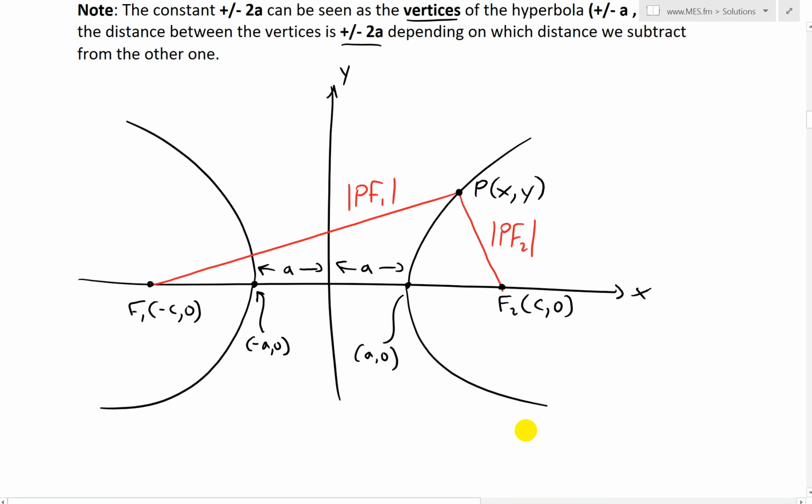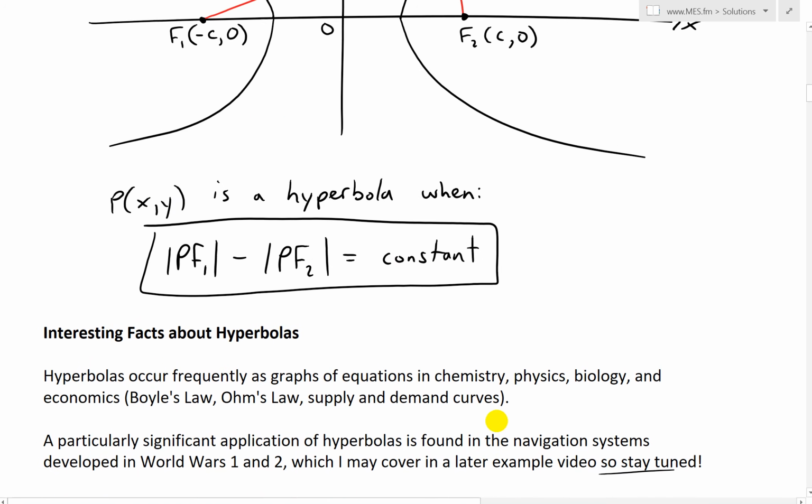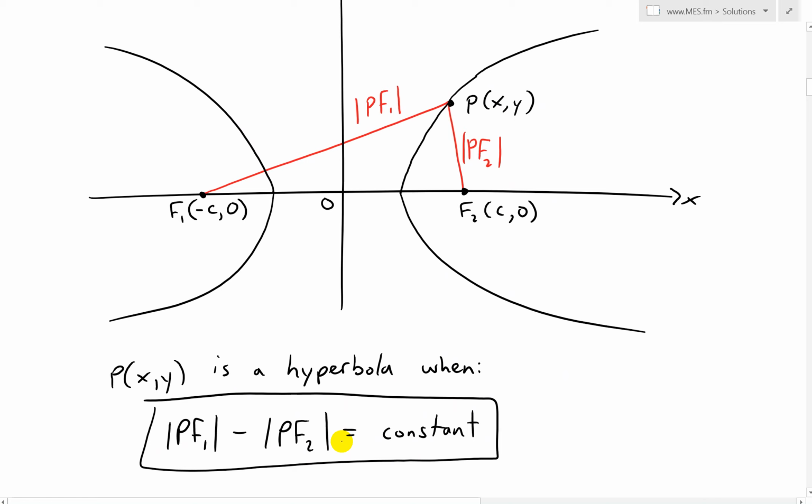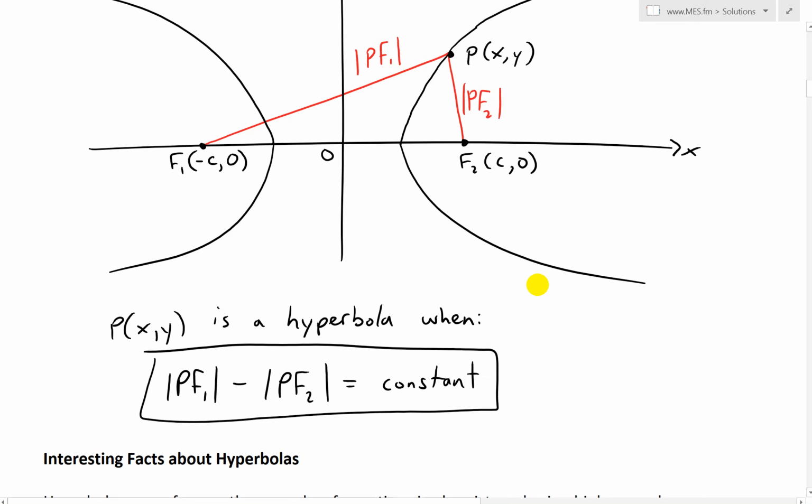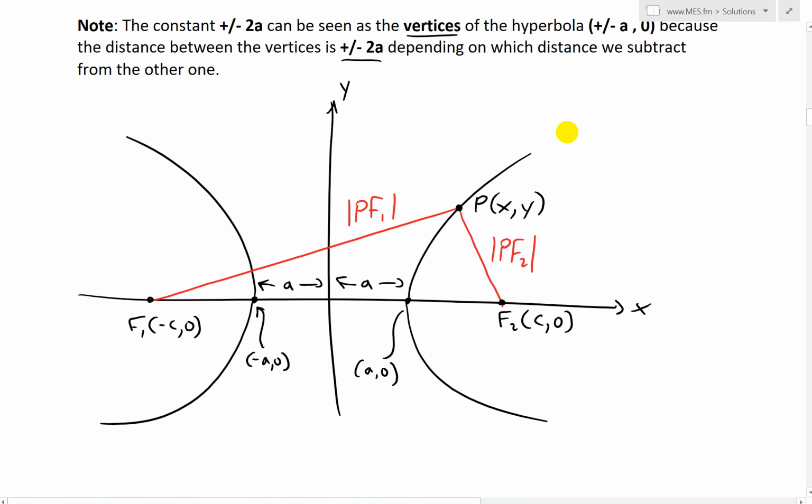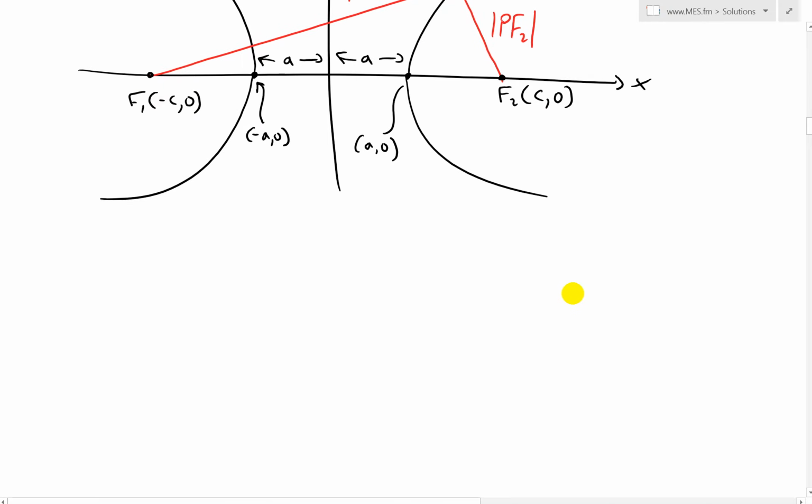Now, as shown above, if the definition is that the difference has to be constant for these two distances, as this point goes closer and closer to here, this distance is going to have to be 2a, and I'll show you that right here. So we have the absolute difference, PF1 minus PF2, equals a constant.